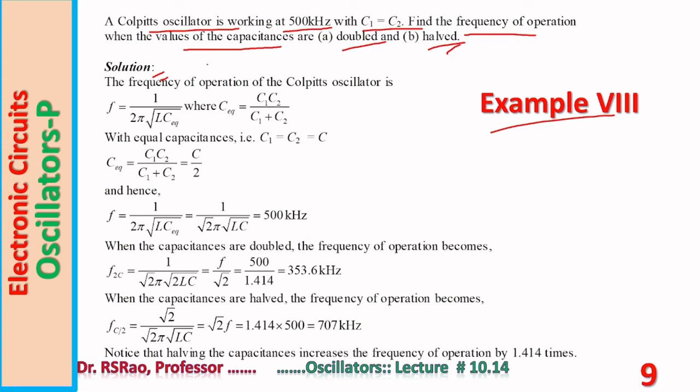Solution. Frequency of operation of Colpitt's is 1 over 2 pi root LC equivalent, where C equivalent is C1 C2 by C1 plus C2.